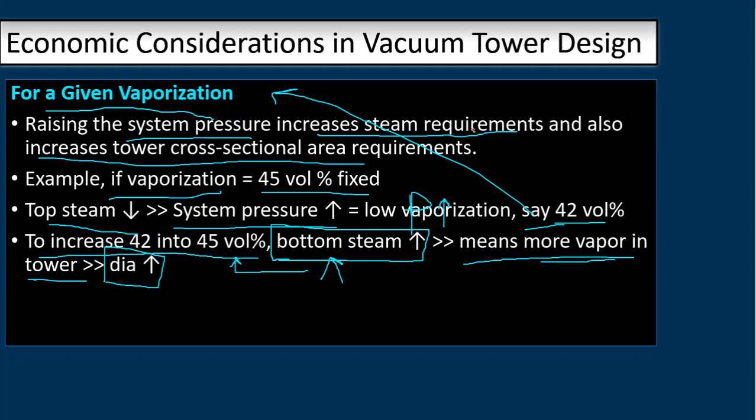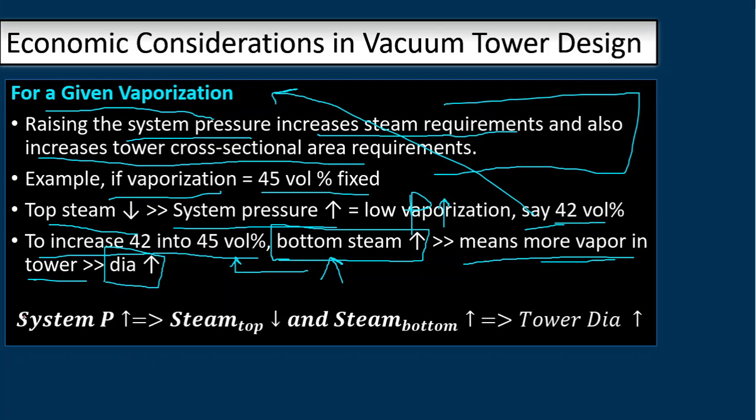That is what is given here in the first sentence: raising the system pressure increases the steam requirements, that is the bottom steam requirements, and also increases the tower cross-sectional area requirements. That is the first case, when we raise the pressure, because that is desirable; we cannot maintain a very low pressure.